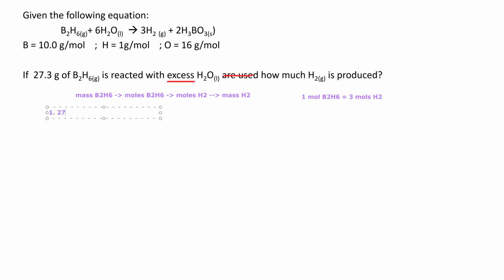So 27.3 grams of B2H6, dividing it by the molar mass. So again, we have 2 boron atoms and 6 hydrogen atoms, so our molar mass is 26.